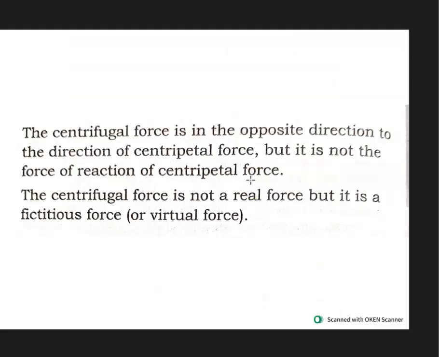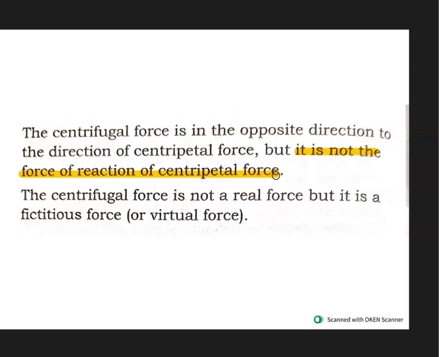A little more in detail about centrifugal force. Centrifugal force is in the opposite direction to the direction of centripetal force, but it is not the force of reaction of centripetal force. Please remember that it is not the force of reaction of centripetal force. Important to understand that.